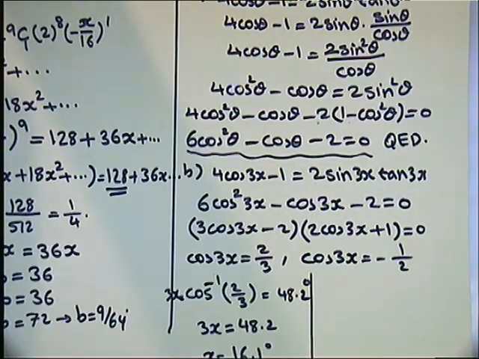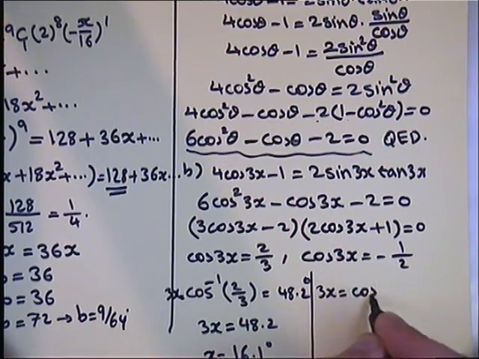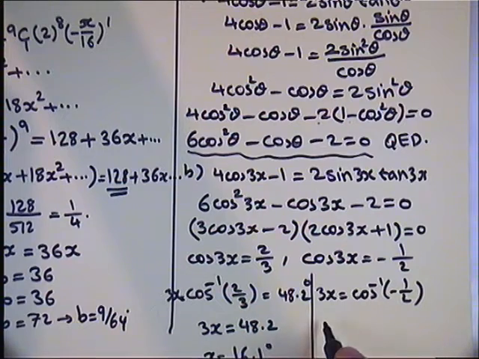Okay, so another one, 3x is equal to cos inverse of minus half. So 3x would be equal to 120 degrees. That's the first one. Okay, so if we take away from 360, we get 240 for the next one.